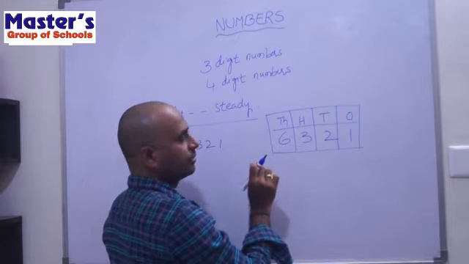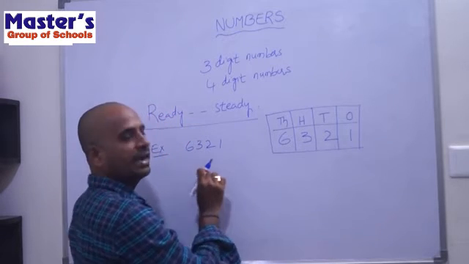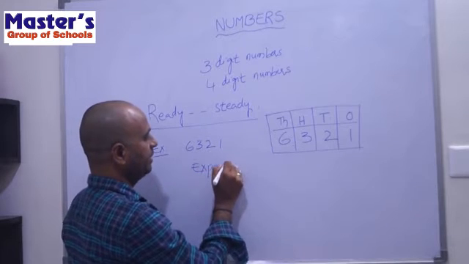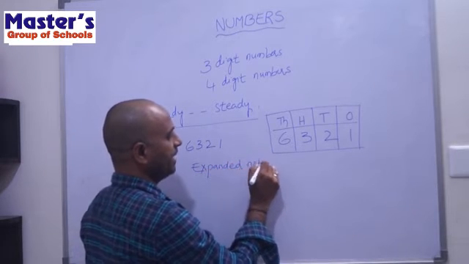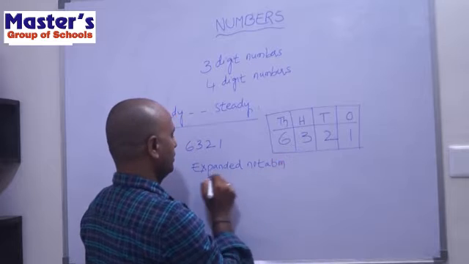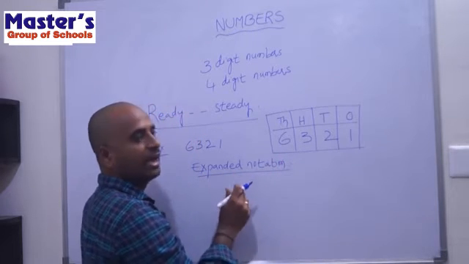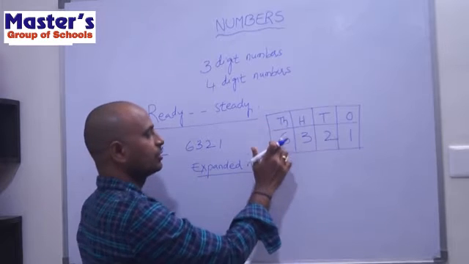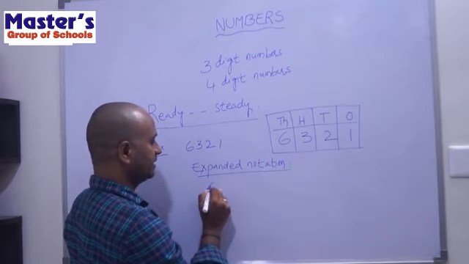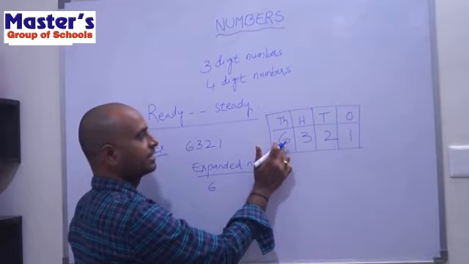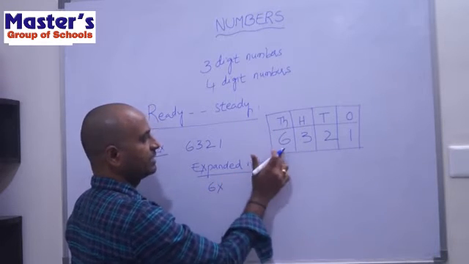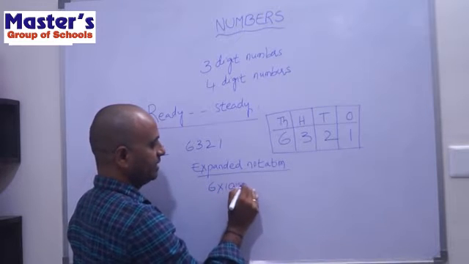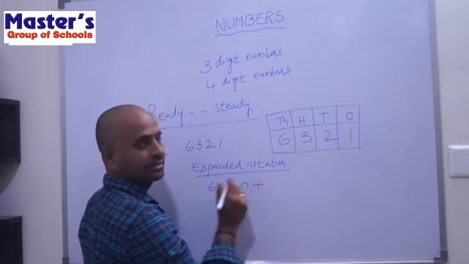Now we have to write the expanded notation. How to write the expanded notation? In expanded notation, we have to multiply each digit with its place value. Take the digit 6 and multiply it with 1000, because 6 is in the thousands place, and put the symbol plus.